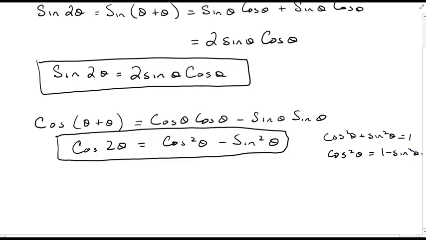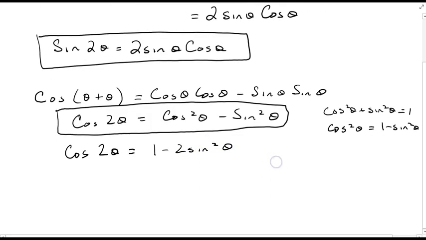You can actually do variations of this one. We can also say that cosine of 2 theta, and I'm going to replace cosine squared theta with 1 minus sine squared theta, gives you 1 minus sine squared theta minus sine squared theta, so you get 1 minus 2 sine squared theta.